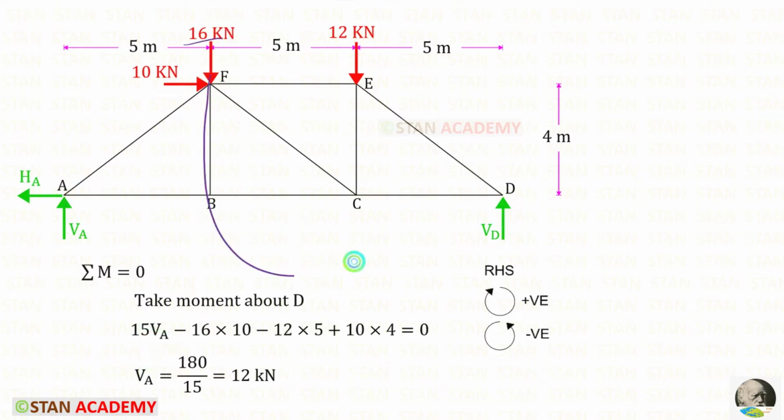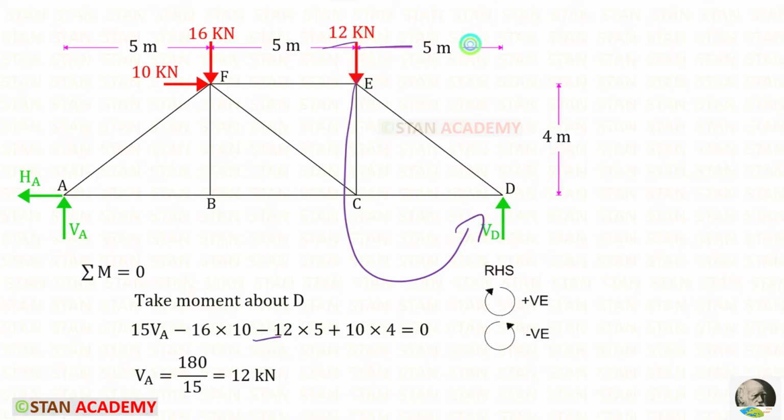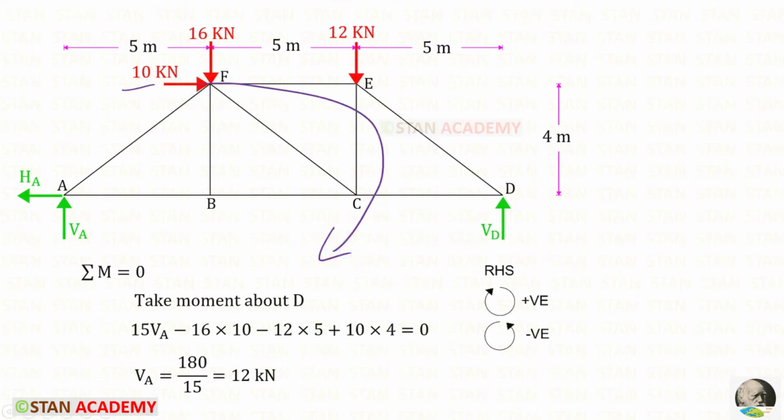This load is acting in the anti-clockwise direction, so it will be negative and the distance is 10. This load is also acting in the anti-clockwise direction, so it is also negative and the distance is 5. This horizontal load is acting in the clockwise direction, so it will be positive and the distance is 4. For VA, we will get 12 kilonewton.